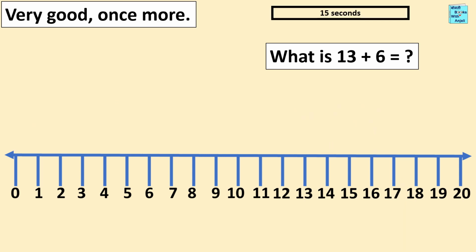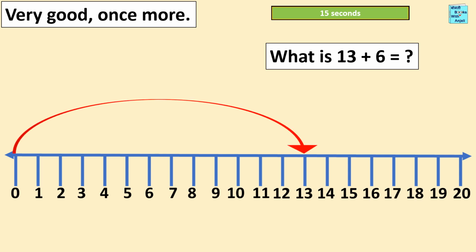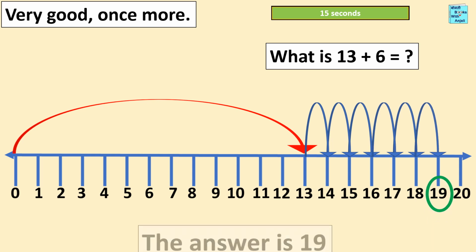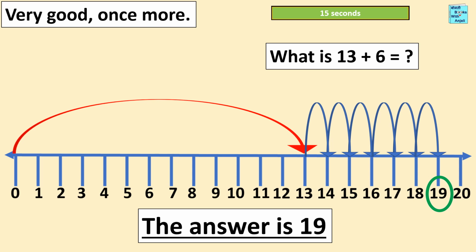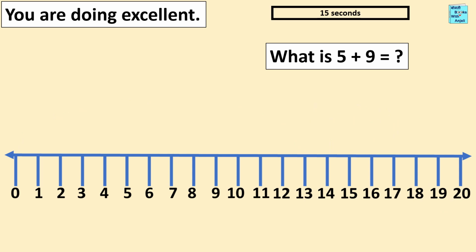13 plus 6 is equal to what? The person stands at number 13, will jump 6 times, will reach number 19 and the person will move towards the right hand side. 5 plus 9 is equal to what?